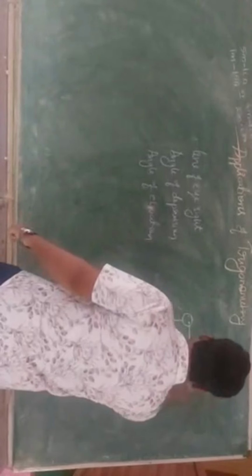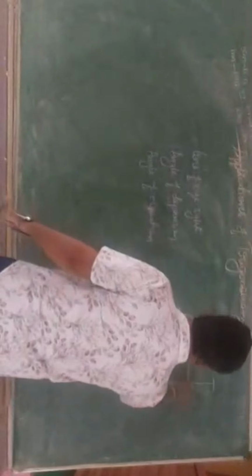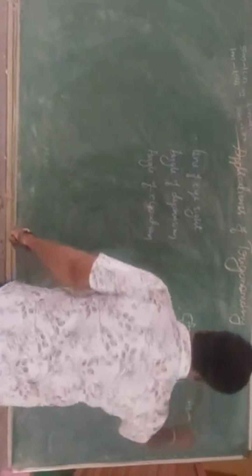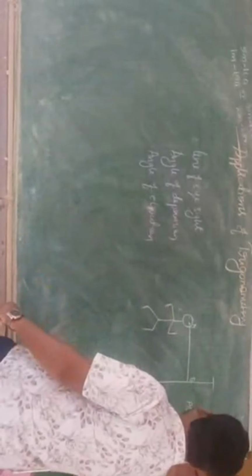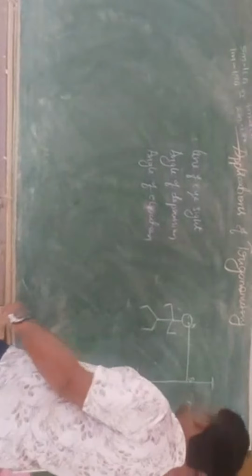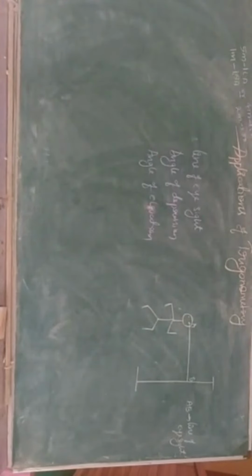Here AB is the line of eyesight. Line of sight is the line drawn from the eye of an observer to the point in the object viewed by the observer.